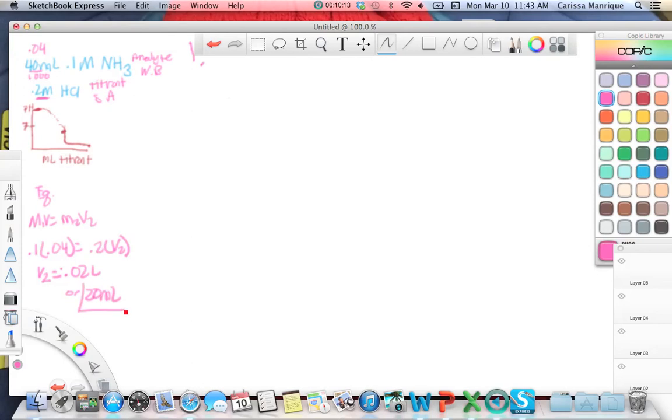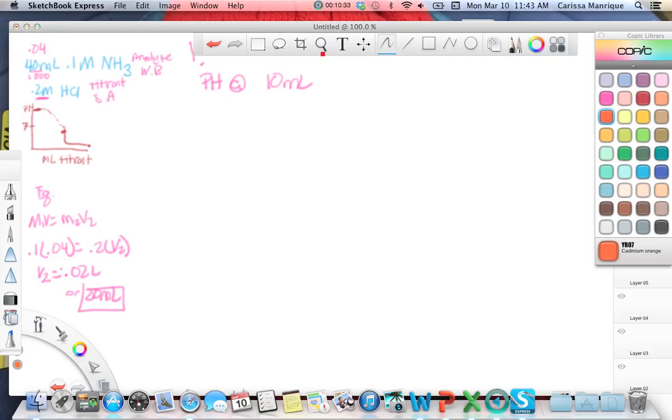Okay, so if I say what is the pH at 10 milliliters, I know this is before the equivalence point because the equivalence point is 20, so anything before 20 will be before equivalence point. Okay, so what do we do with this one? Let's think about what we're doing.